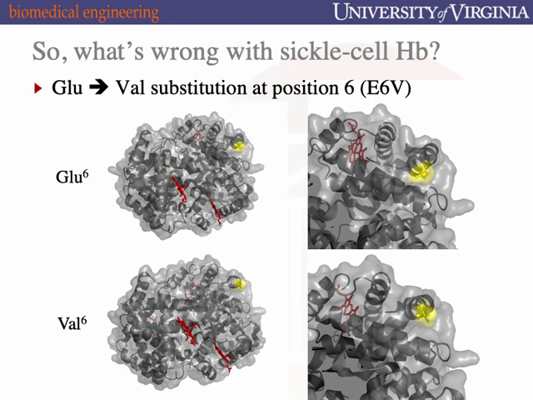And the substitution is taking a glutamate at position 6, which is 6 amino acids down from the very end terminus of the beta chain. And instead of having it be a glutamate, it's a valine. So the shorthand with the one-letter abbreviation is an E6 to V. So glutamate at position 6 to valine.